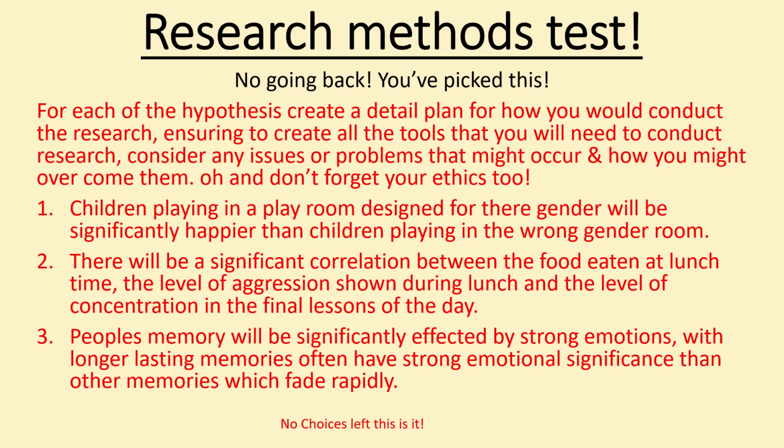Oh, and don't forget your ethics too. First of all, children playing in the playground designed for their gender will be significantly happier than children playing in the wrong gender room.